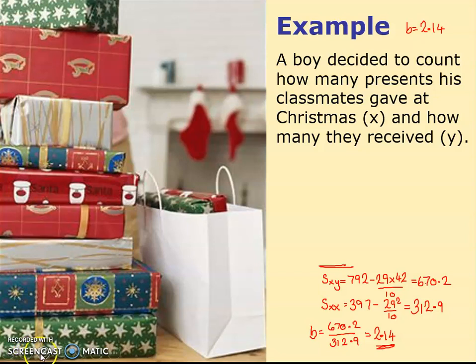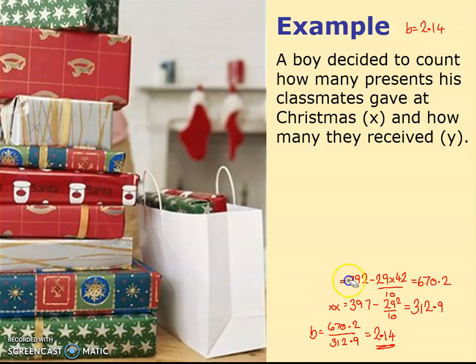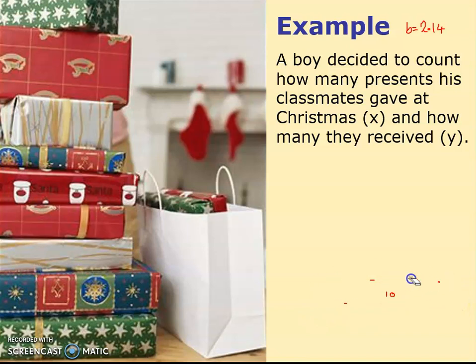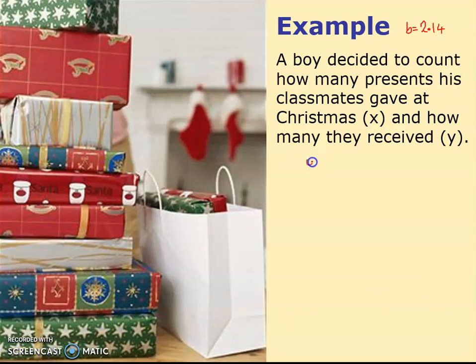I'm going to rub out all this stuff at the bottom because I'm going to use this space now to work out my actual equation. Of course I'm missing my a at the moment. So if I go back to my pen, I suggested we needed to use y minus y bar equals b(x minus x bar).